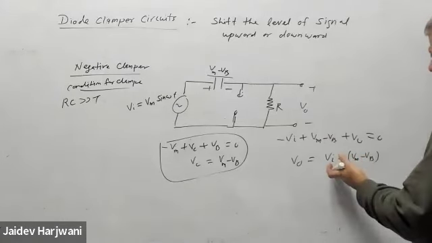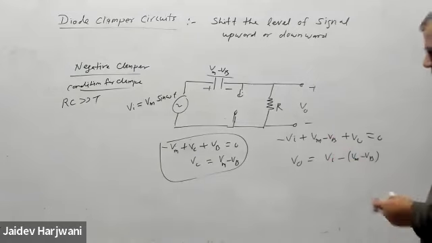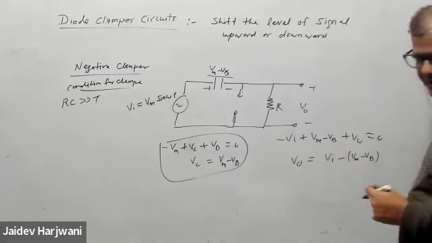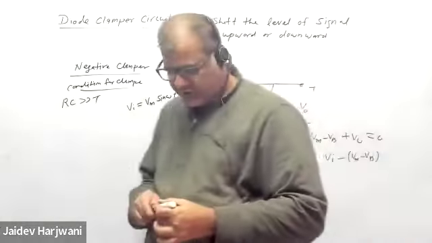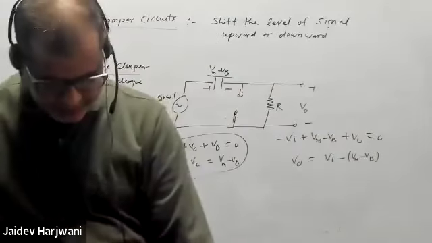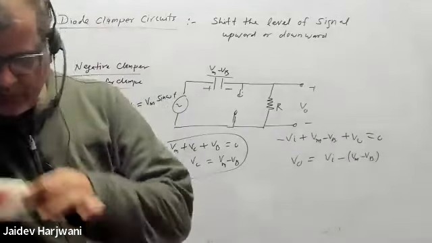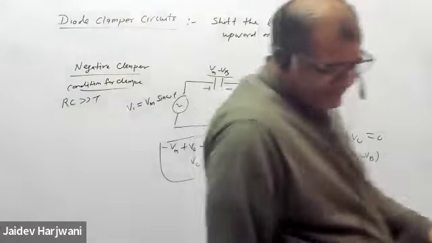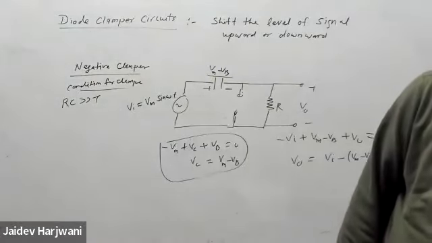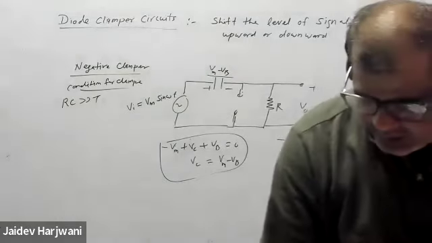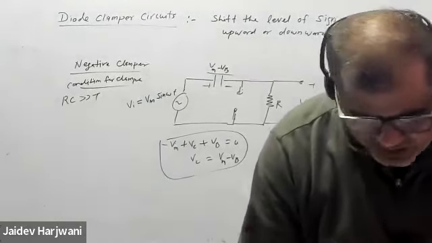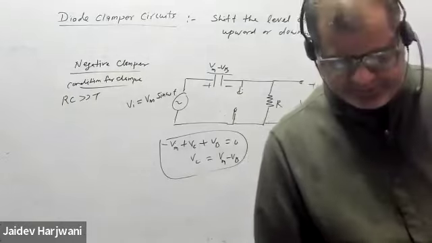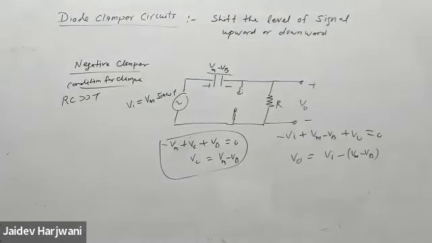Now just keep on putting the values of the input signal and you can find the output. Draw the output. Tell me how it's coming out. How much is the signal getting shifted down or up?